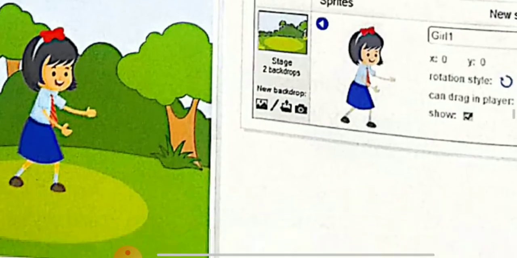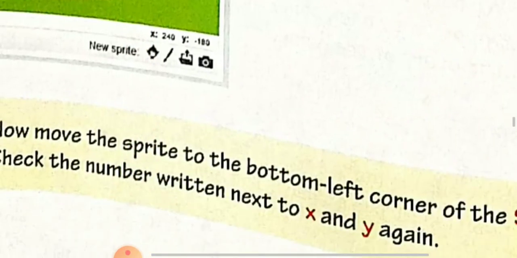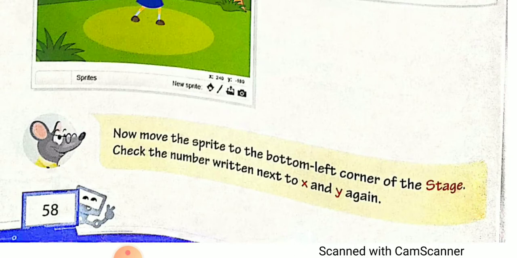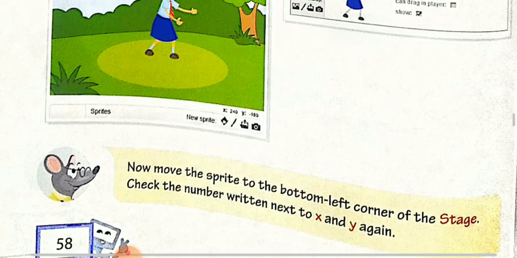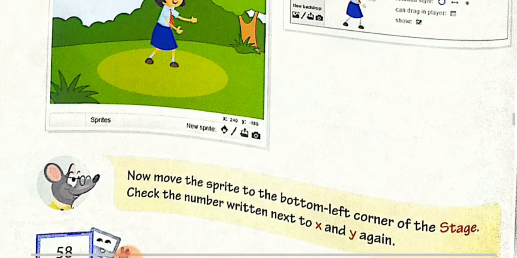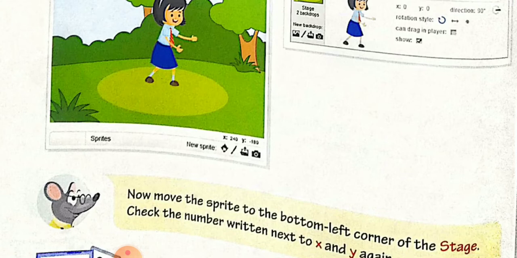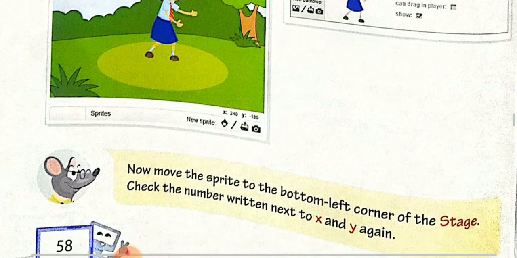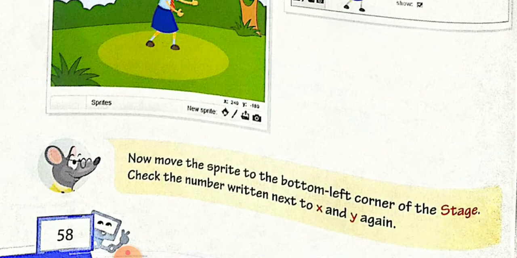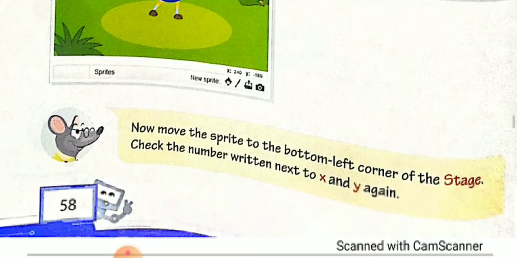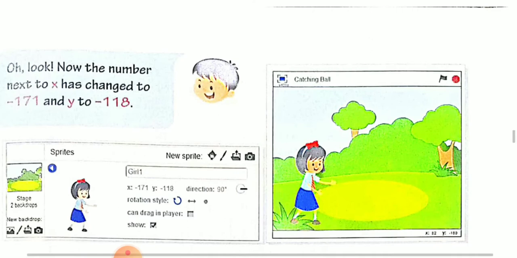So then your next step, now move the sprite to the bottom left corner of the stage. What we do, move the sprite means move this girl to the bottom left corner of the stage, and check the number written next to X and Y again. Your number is displayed again here.